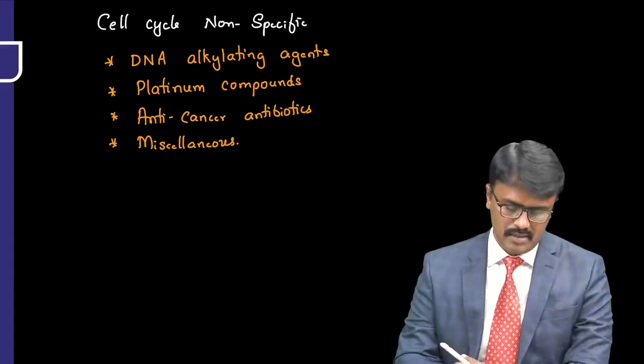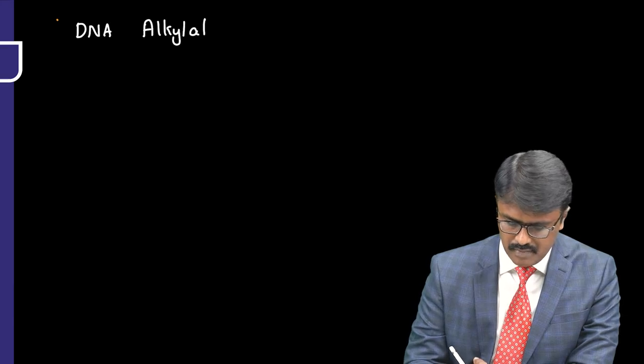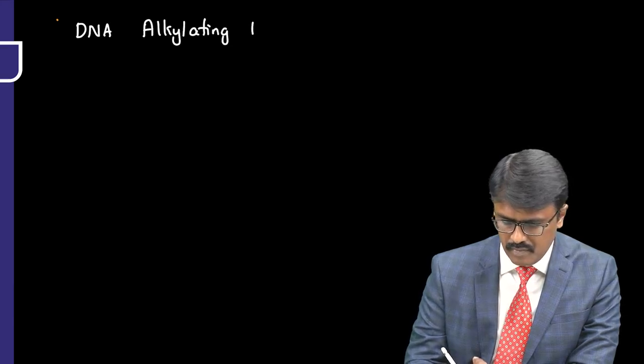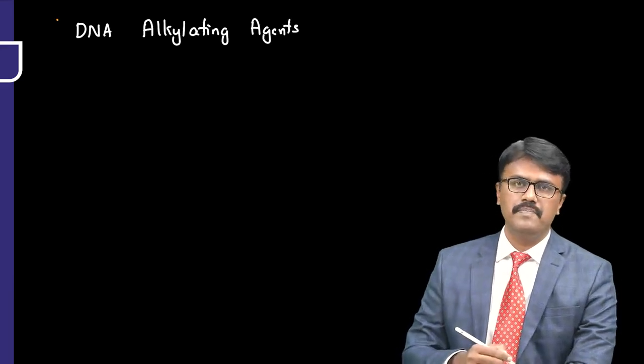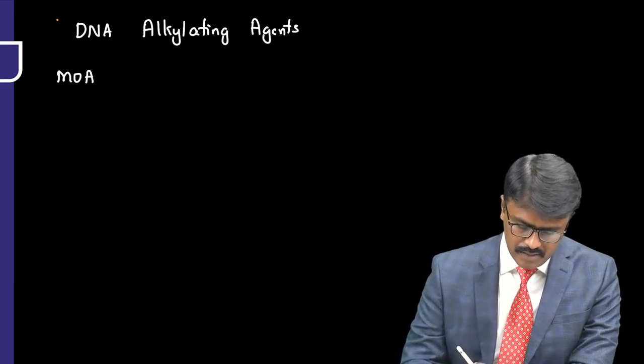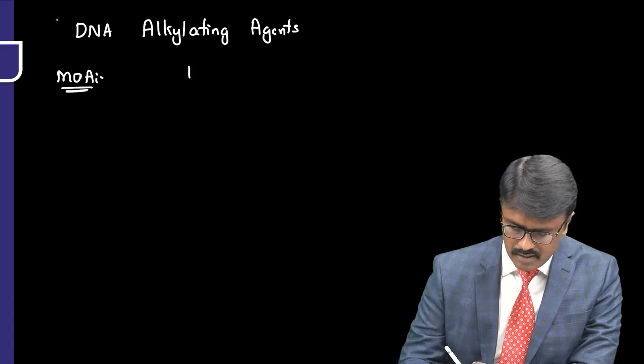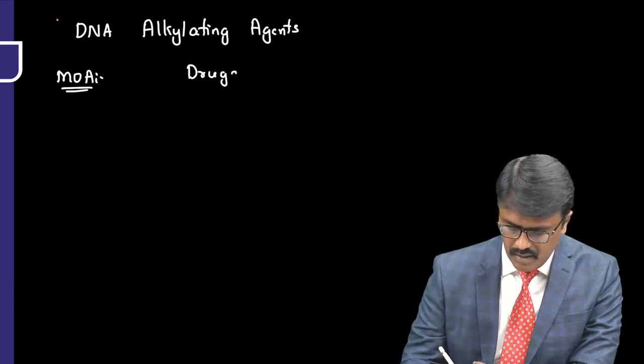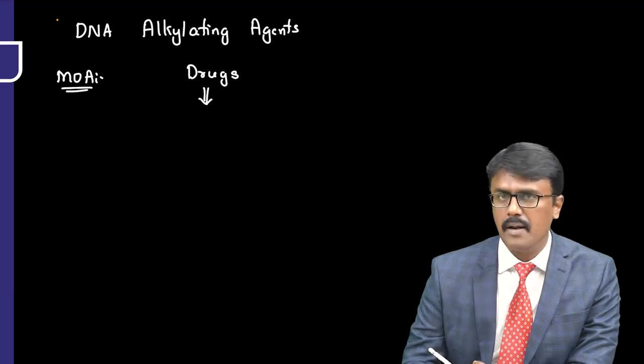So the first one is DNA alkylating agents. So what do they do? As the name suggests, let us understand the mechanism of action. Now these drugs, when we give them, enter the cell.